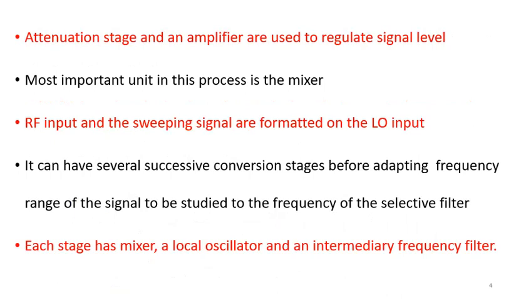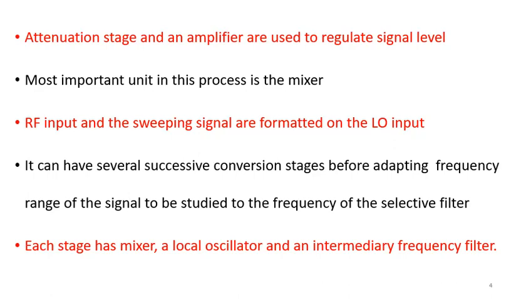So if we look at this one, it is just the explanation of what I've just said. As I said, we have attenuators and we have amplifiers for either reducing or raising the amplitude, as the case may be. And we have a mixer. The function of the mixer is to mix the radio frequency received, or the input radio frequency, with the signal from the local oscillator.